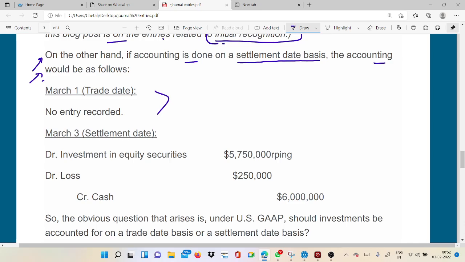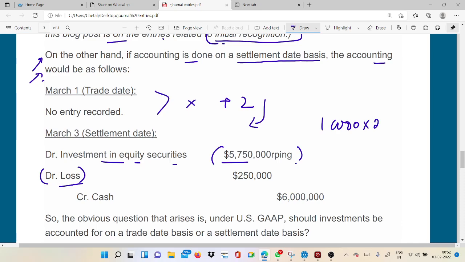On trade date there won't be any entry, but on T plus 2 there would be an entry. Investment in equity securities, and the loss, because the price changed by 25, so $250,000 would be here as a loss.